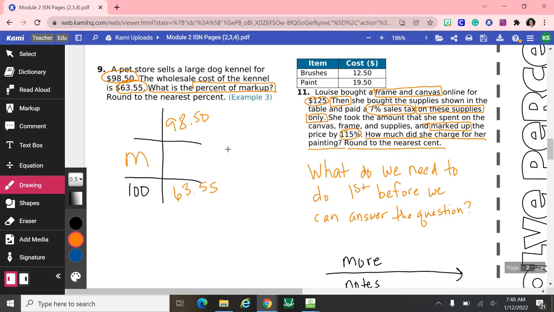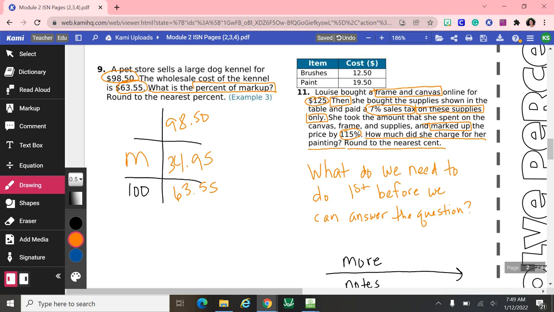So you would do some subtraction here. $98.50 minus $63.55 gives us $34.95.